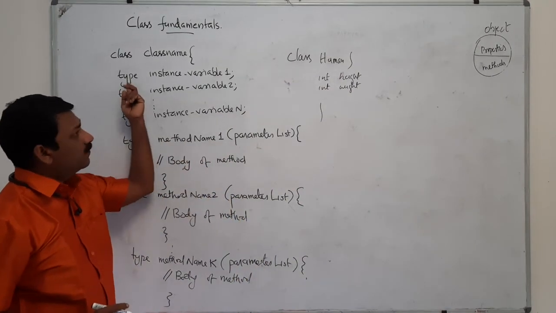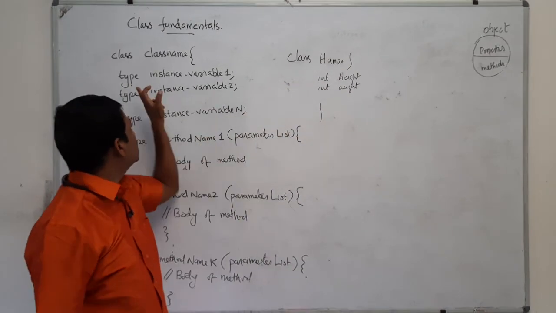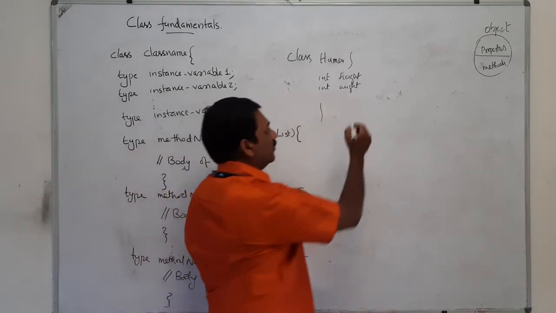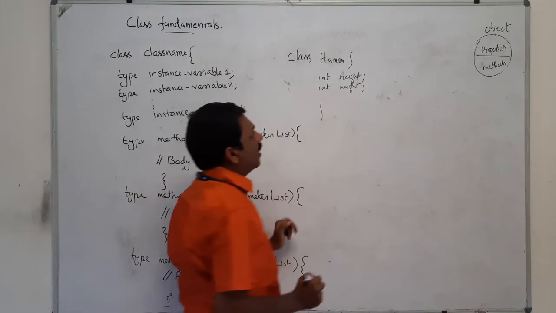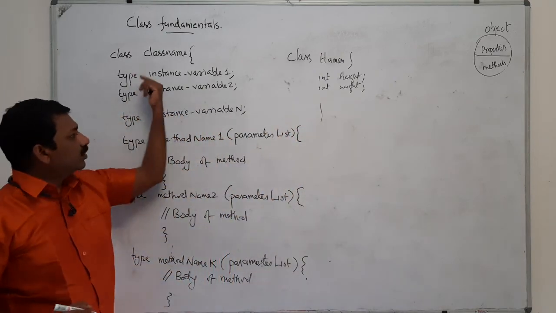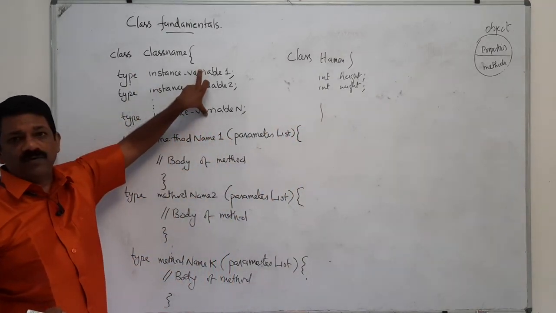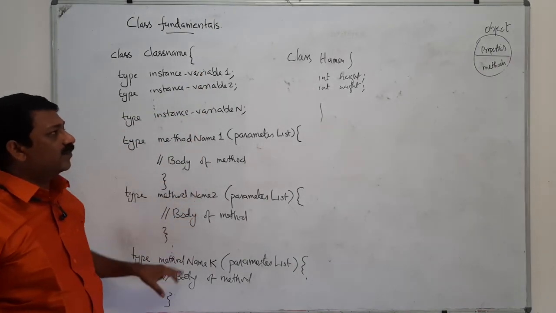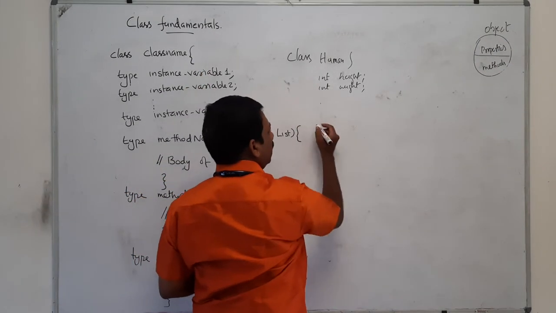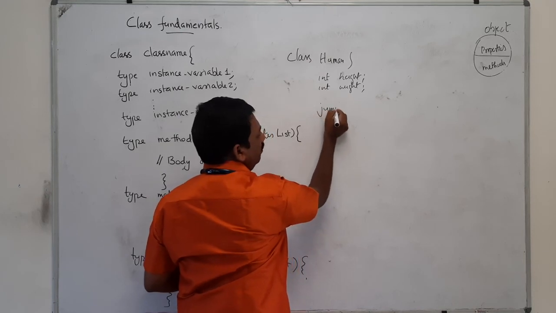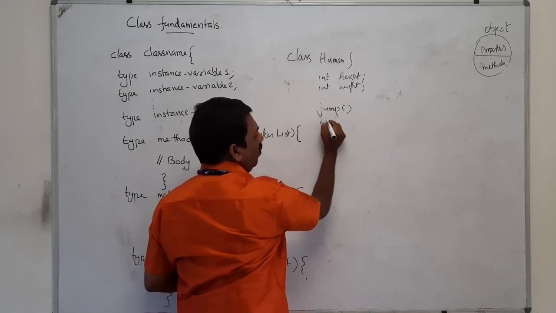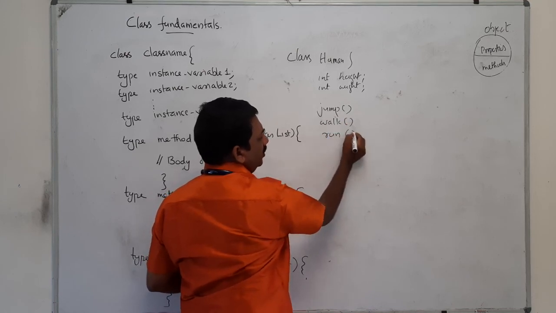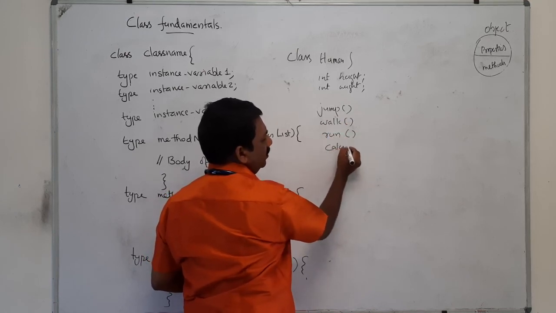Type means int here. These are instance variables. Height and weight are instance variables. Then you have n number of variables, and after that you have a set of methods. For example, jump is a method, walk is another method, run is another method, calculate.